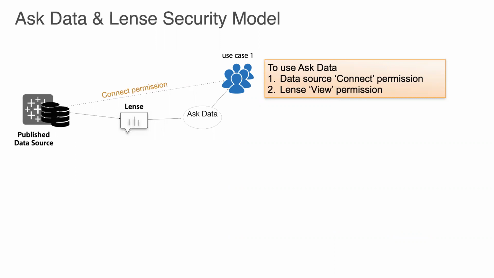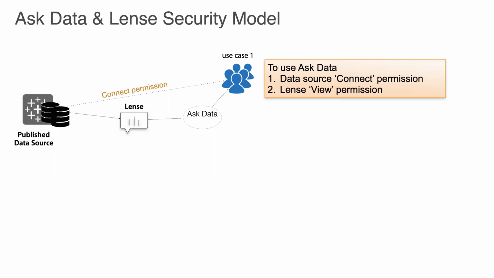And for the users to use Ask Data, they need to have 2 permissions. Number 1, data source connect permission, same as before. Unfortunately, number 2, now you have to give Lens permission. View is good enough. That's the extra step, but that is how it works now.